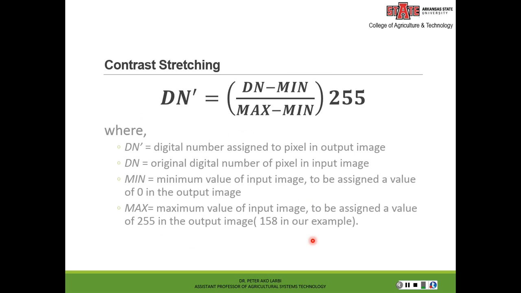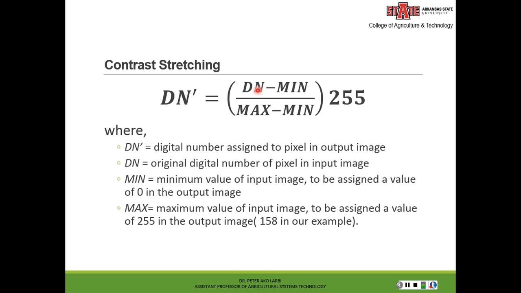Here is the equation or the formula used. DN prime is the digital number assigned to the pixel value in the output. That is a new pixel value for the location.